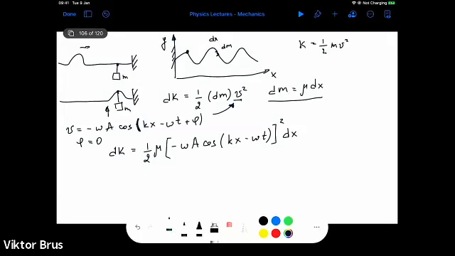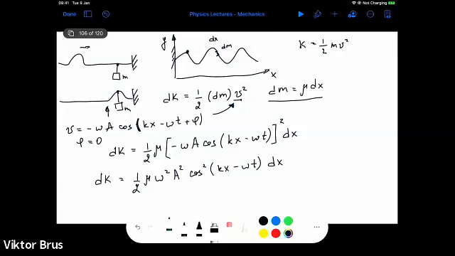Okay, so let us get this square. It will be dK equal to 1 over 2 mu, the minus will be gone, and we will have omega squared a squared cosine squared of (kx minus omega t) dx.